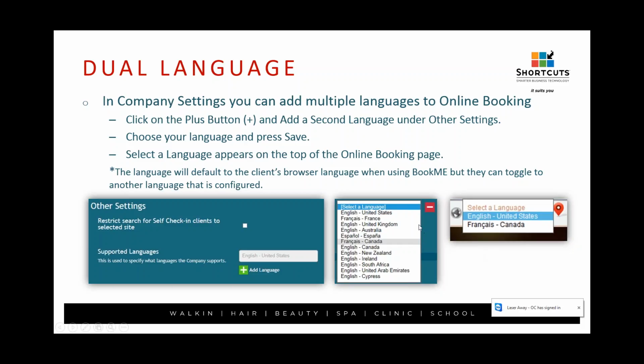But in this case, in your company settings screen, you can go down to the section where you can add another language. And you can see here in this first screenshot that there's just a single little plus sign where I can add a language. And then the drop-down list here is what I currently have to choose from.